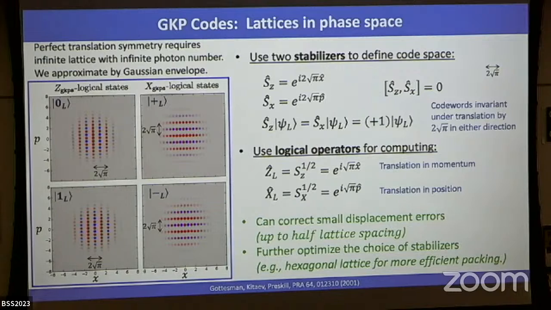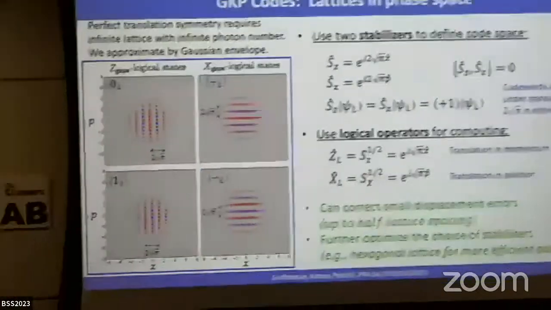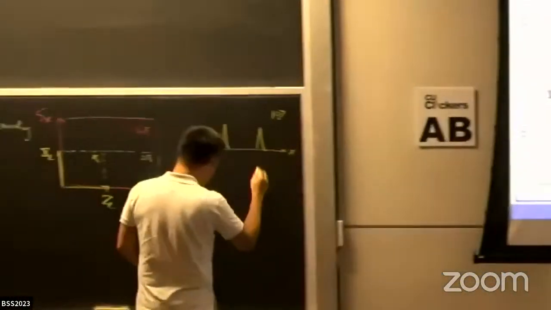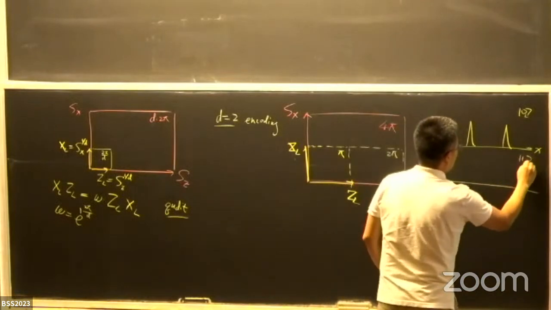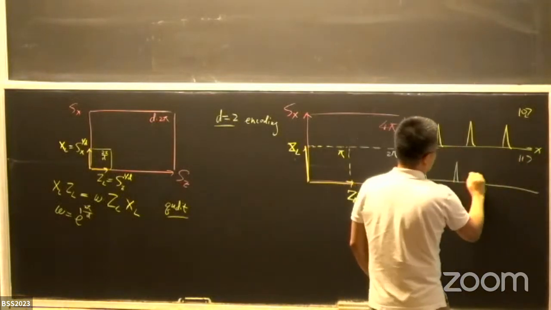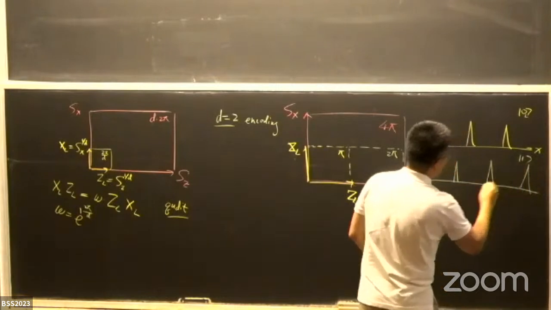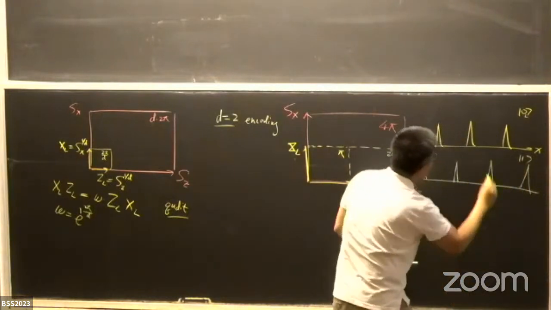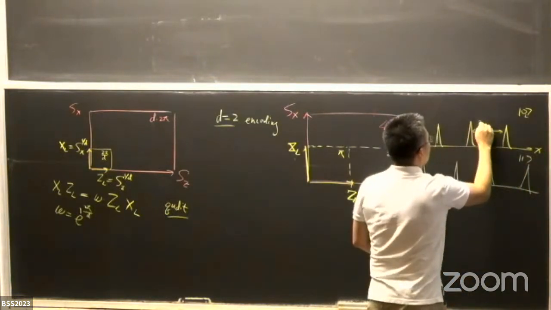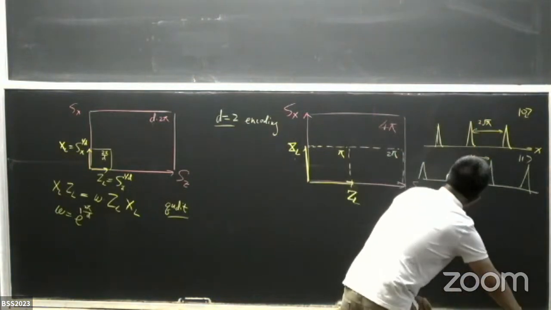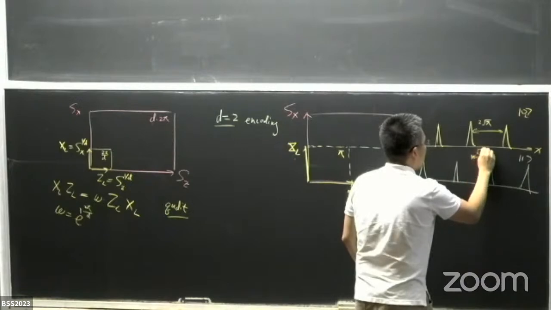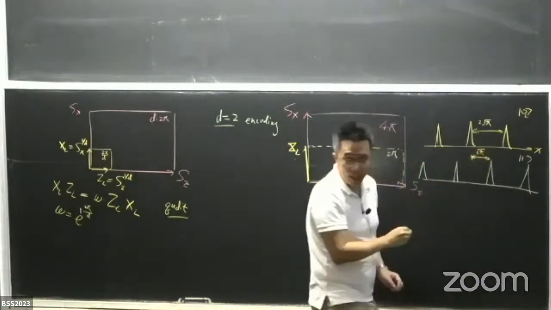let's look at this, this is a logical 0 state, and that's the position. And I can also show the logical 1 state. And the original spacing here is 2 root pi, and the spacing between the different logical words is square root of pi.